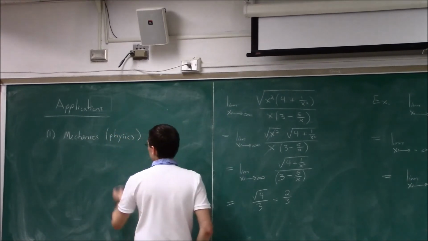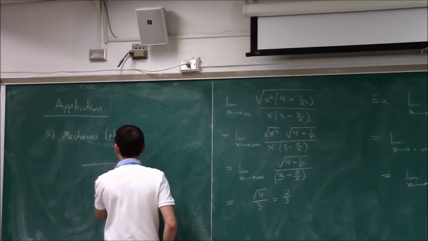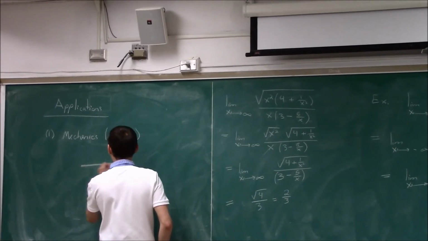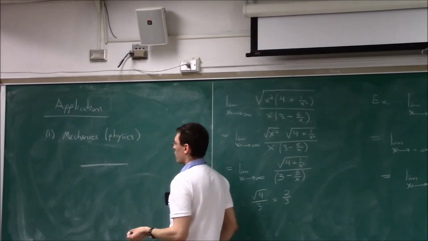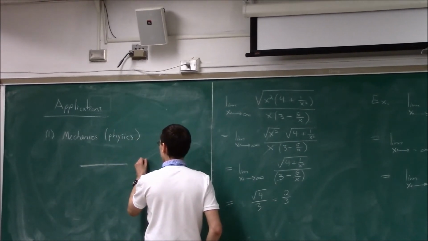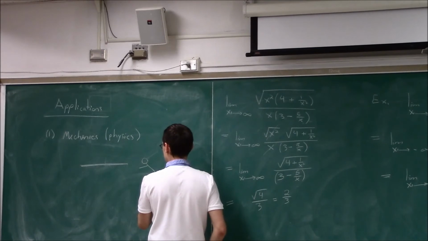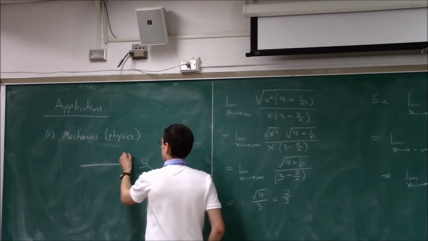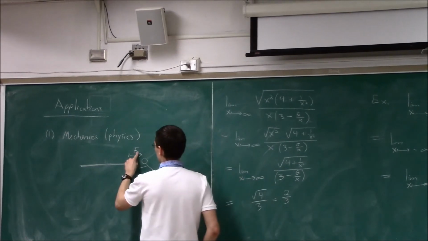Imagine we have a piece of rope and we have astronaut A. He is pulling this rope with force F sub A. So it's happening in space.